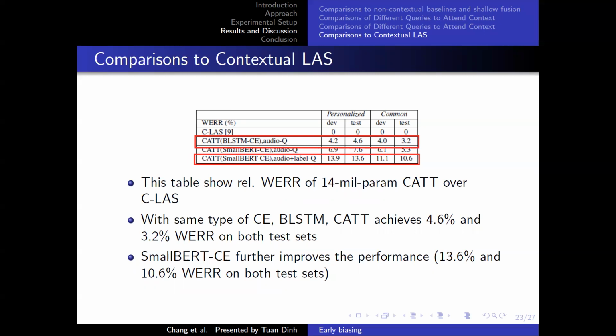With the same kind of contextual embedding, bidirectional LSTM, CAT achieves 4.6% word error rate reduction over CLAS for the personalized dataset and 3.2% for the common dataset. The pre-trained small BERT contextual embedding further improved the performance on both datasets, 13.6% for personalized and 10.6% for common.